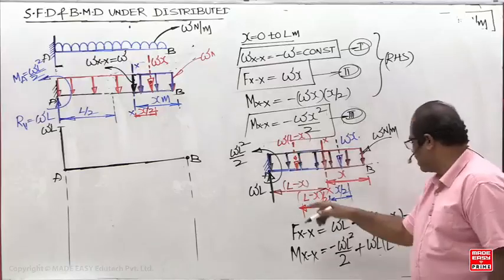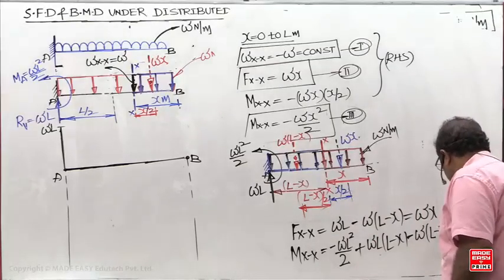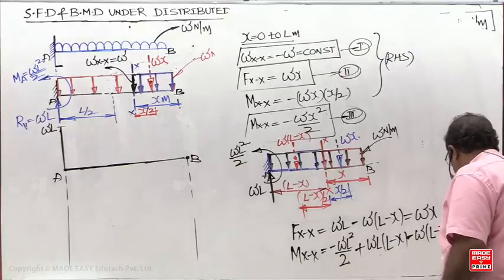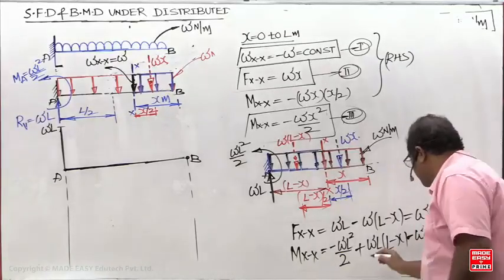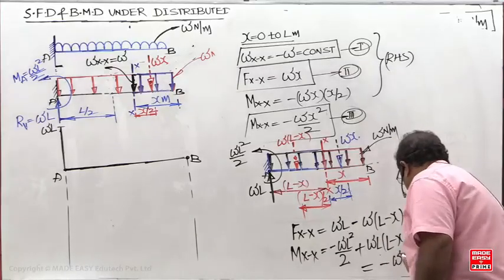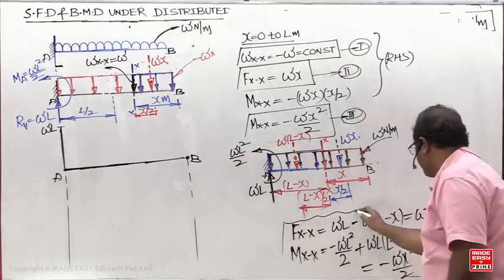Anti-clockwise, negative, minus. Check it, simplify this. You are going to get the same equation. I am not doing the simplification; check it and you are going to get the same.